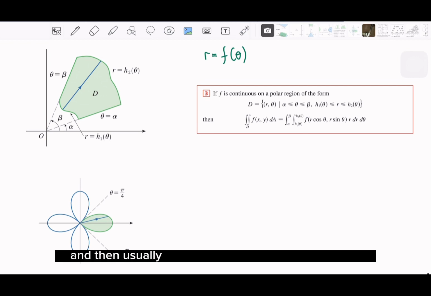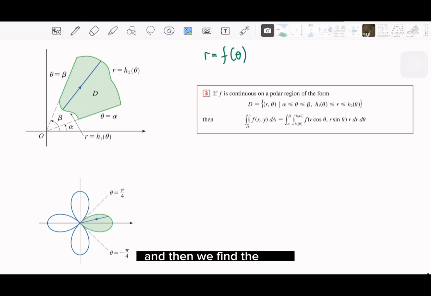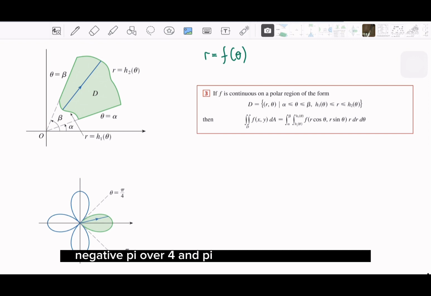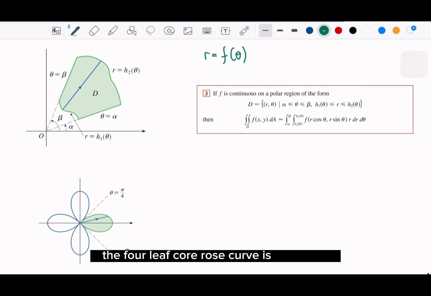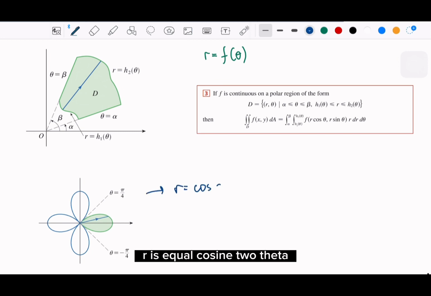And usually in chapter 10 we find the area by taking integration from negative pi over 4 to pi over 4 of the polar curve, and then d theta. But now we could also implement our double integral. For example, let me write here, the four-leaf rose curve is r equals cosine 2 theta.